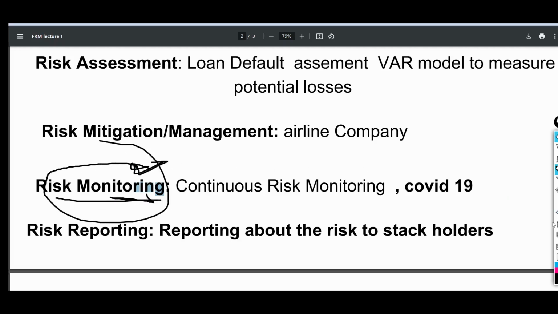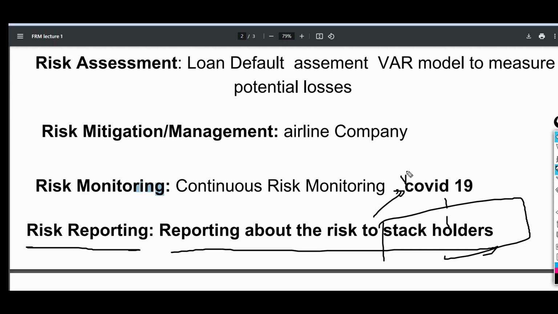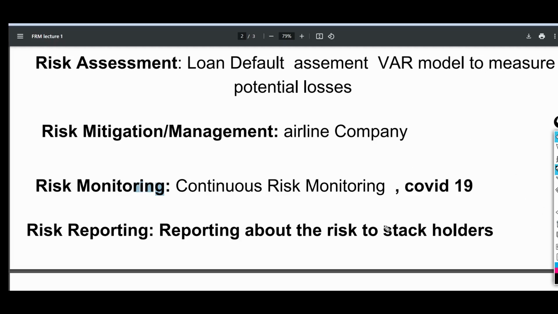But what about risk reporting? Whatever you have done to secure your organization's future and to tackle the risk challenges, you have to report that to the stakeholders, right? What are the key risk management challenges in the business? You identified that, you have mitigation practices working in the company, but you have to report that to the stakeholders also.